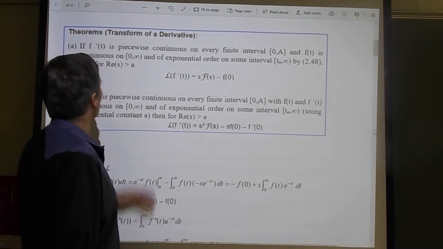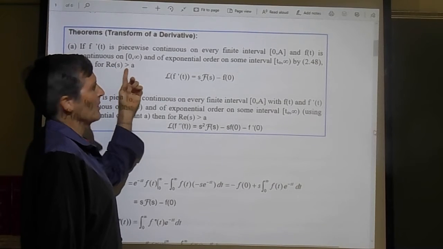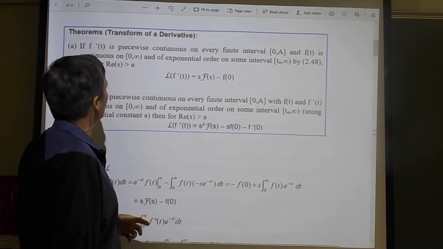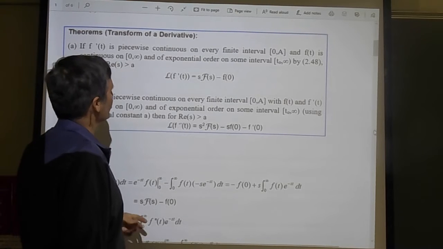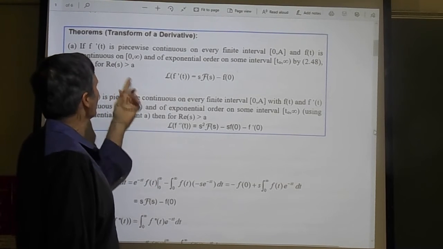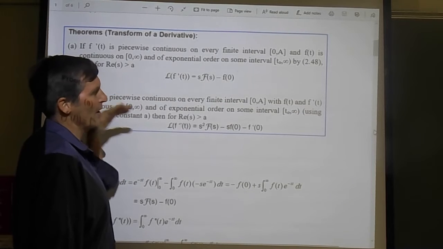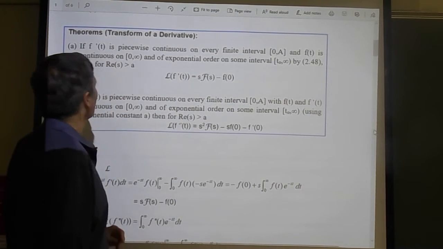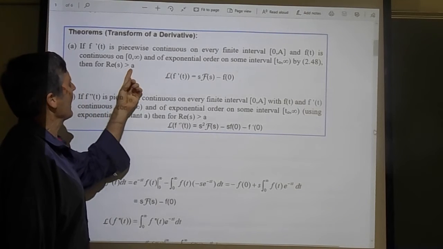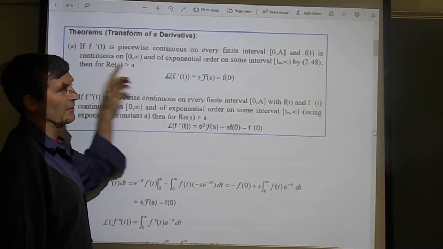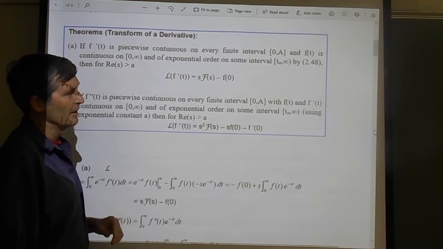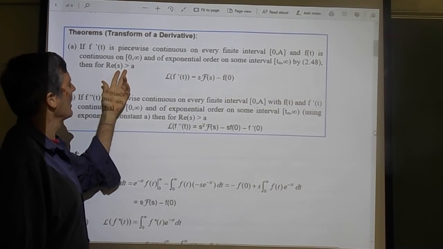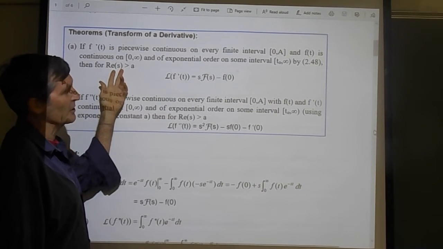Then, at least for large enough values of s, remember, for the Laplace transform to exist, you specify that f grows no faster than M e to the at. If you take a out of that exponential function, you can find an exponential function that doesn't grow faster, and then this will work. The Laplace transform will exist at least for s large enough.